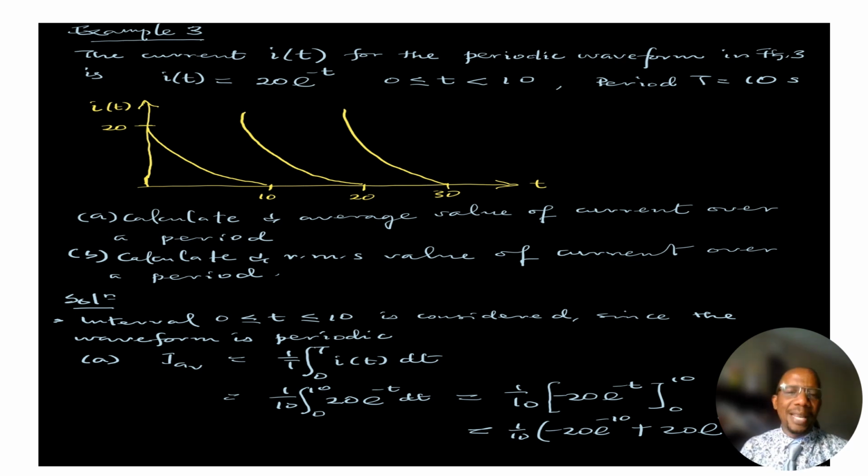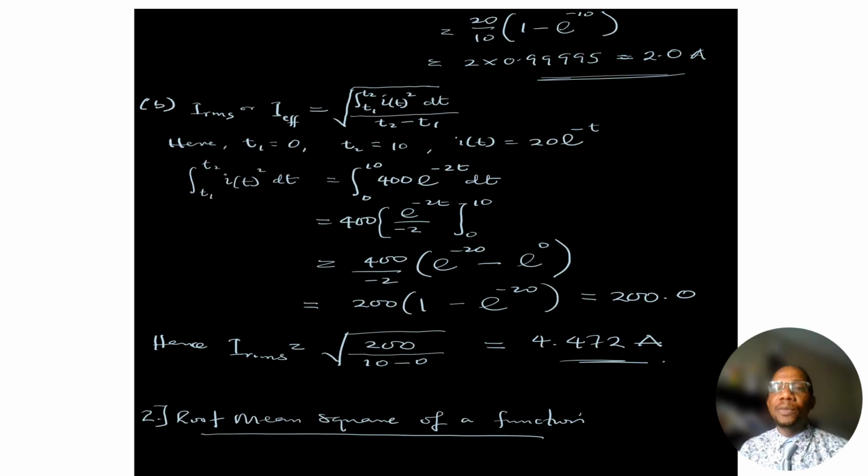So I average, the average value of the current, is 1 over T, the integral from 0 to T of i of t dt. That gives us, slotting in, 1 over the period, 10, times the integral of 20 e to the minus t dt from 0 to 10. Substituting and solving gives us 2.0 amperes.